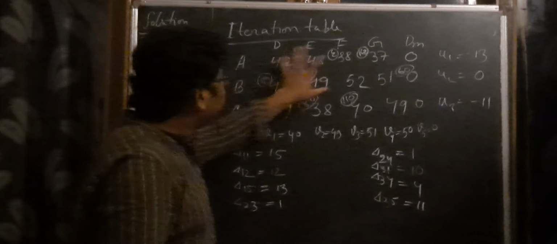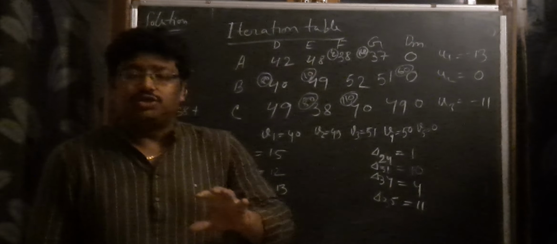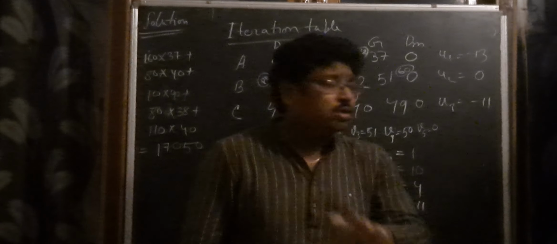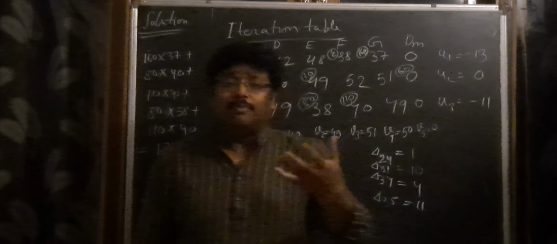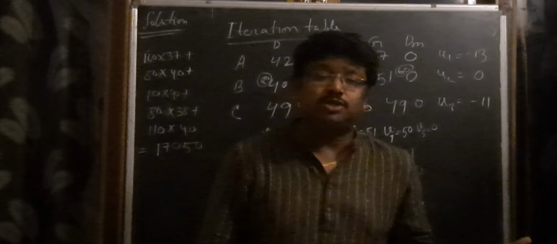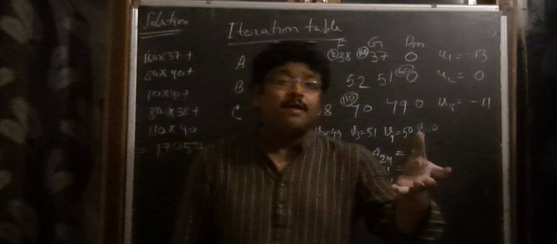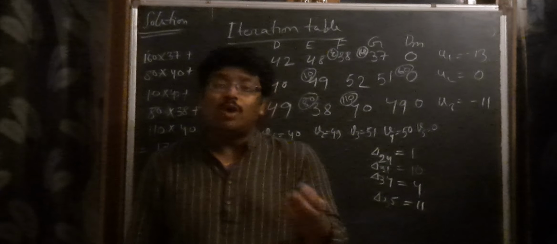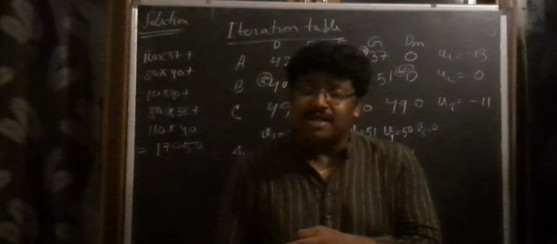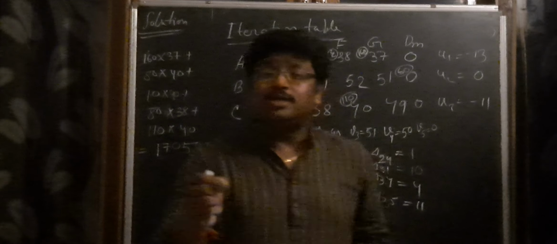Now, are these allocations optimal or not? So we have to take shelter of the Dij, as I have mentioned. So Dij, you know, is nothing but Cij minus Ui plus Vj. And Ui equals Cij minus Vj, and Vj equals Cij minus Ui.